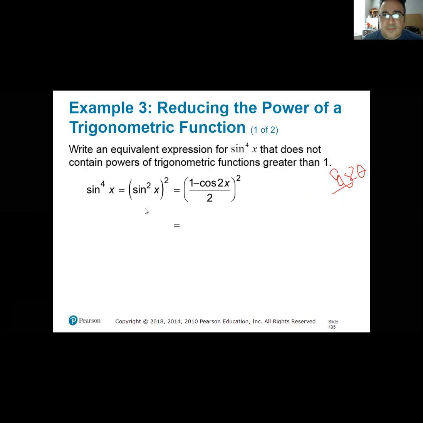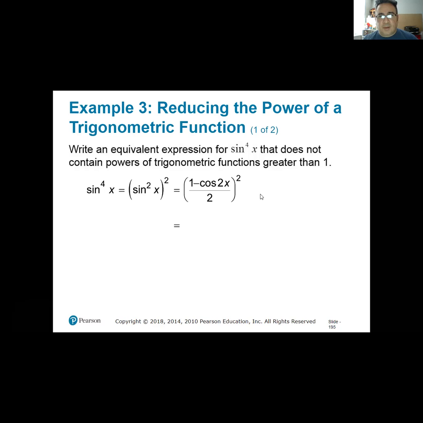So now, what's next? What can I do with that? I remember when I had a over b to the second power, that's the same as a to the second over b to the second. So the denominator is not going to be a problem.